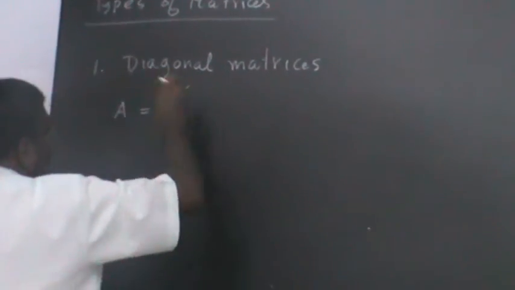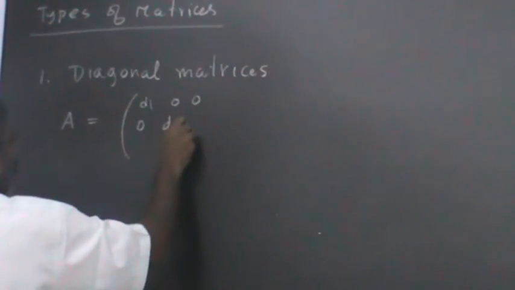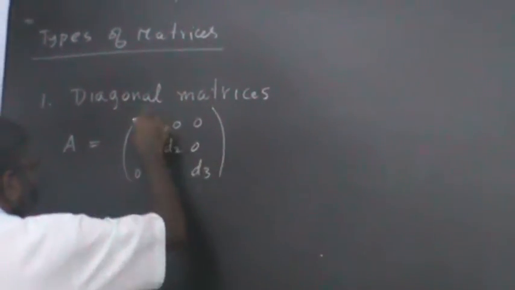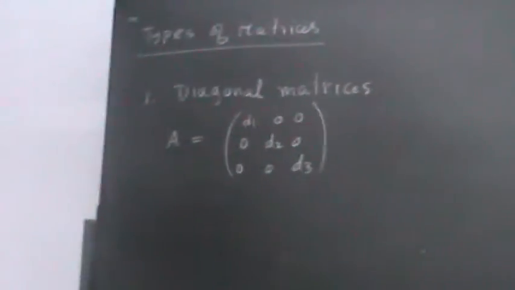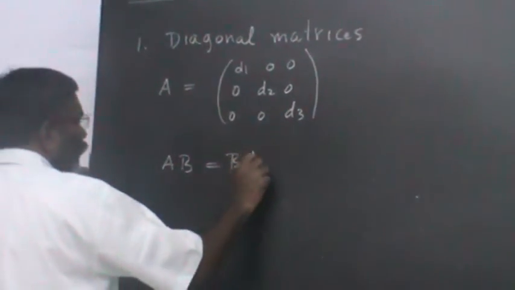Diagonal matrices are something like D1, 0, 0, 0, D2, 0, 0, 0, D3. Only the diagonal elements are there, and the off-diagonal elements are 0. If you have two matrices that are diagonal, then they commute: AB is the same as BA.